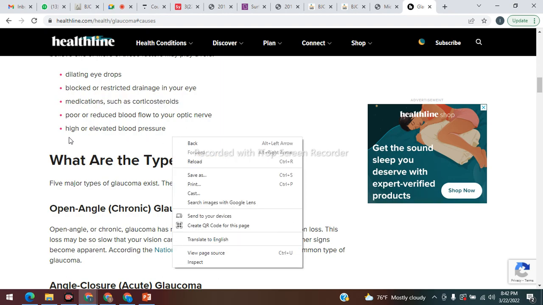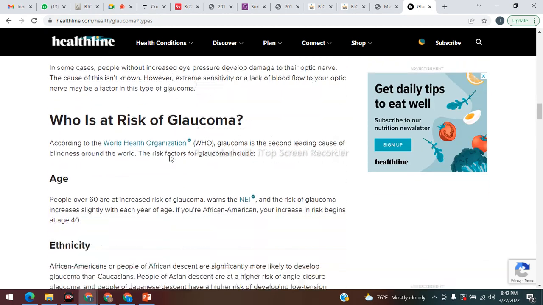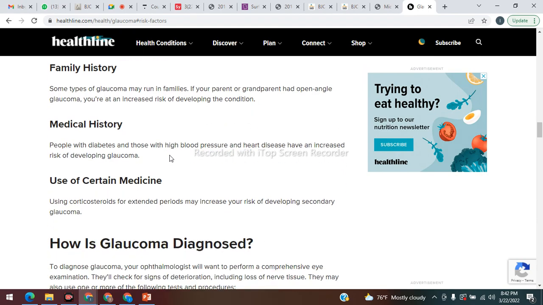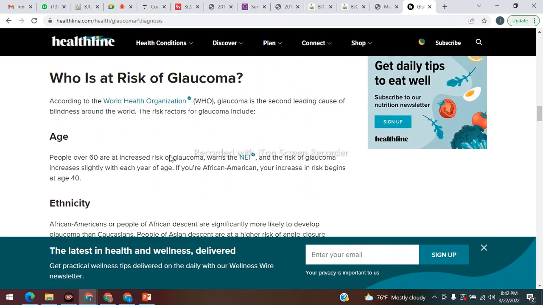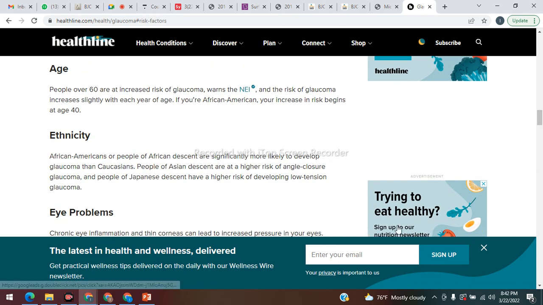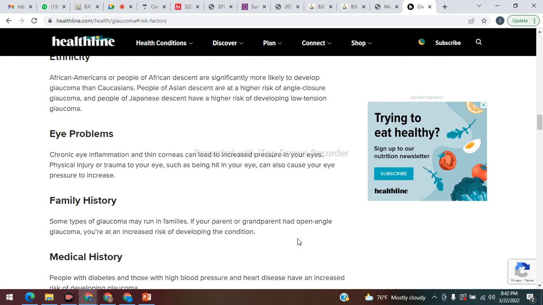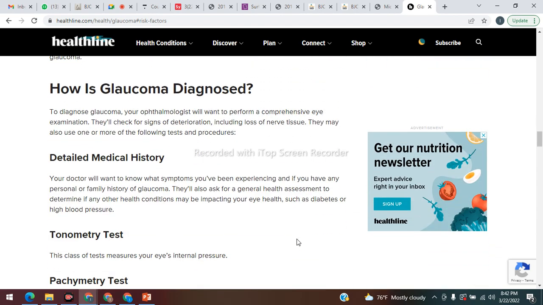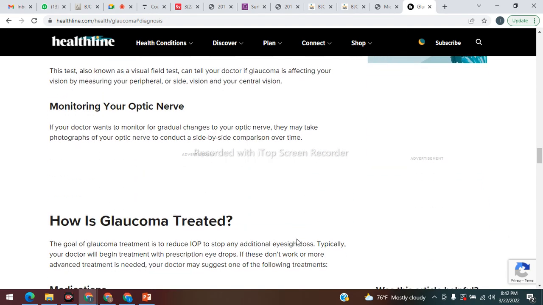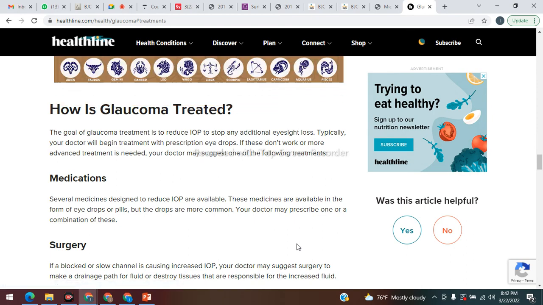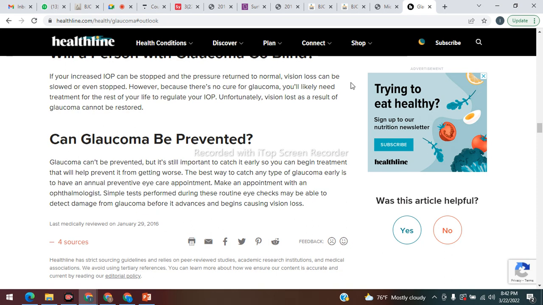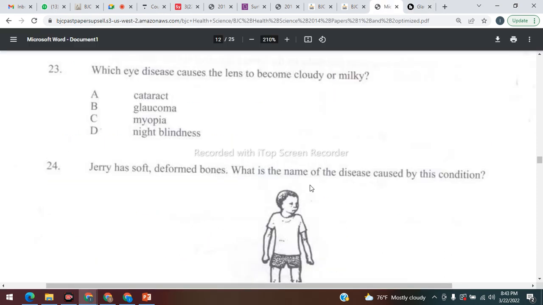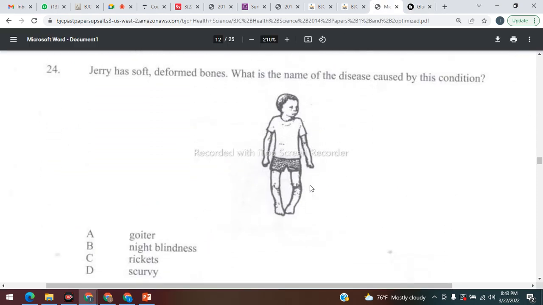High blood pressure could also do it. So blood pressure could just cause literally every problem in the world. They say redness in the eye too. So if you have diabetes, that could lead to glaucoma, and if you have high blood pressure, that could lead to glaucoma. So be careful what you eat.